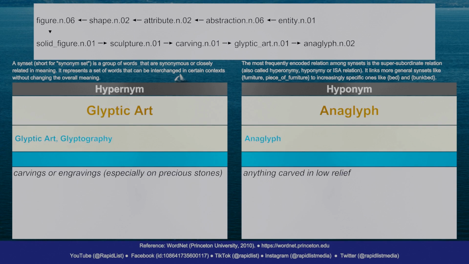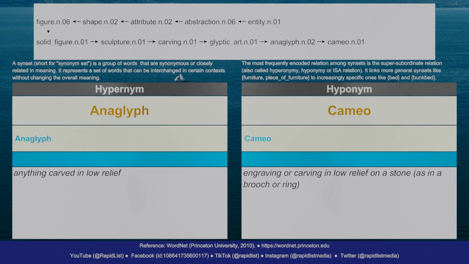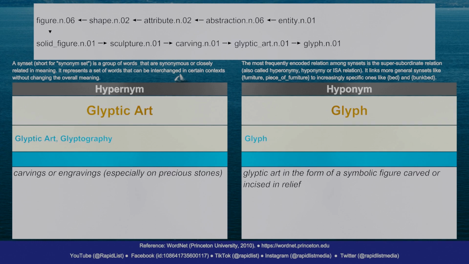Anaglyph. Anything carved in low relief. Cameo. Engraving or carving in low relief on a stone, as in a brooch or ring. Glyph. Glyptic art in the form of a symbolic figure carved or incised in relief.